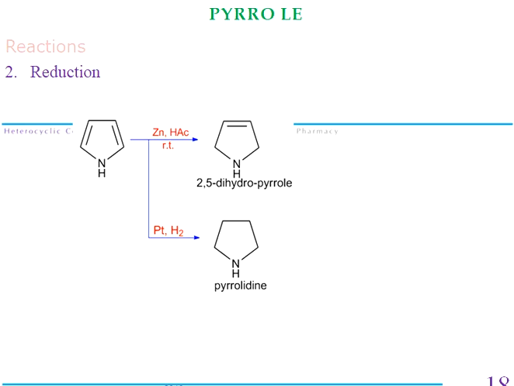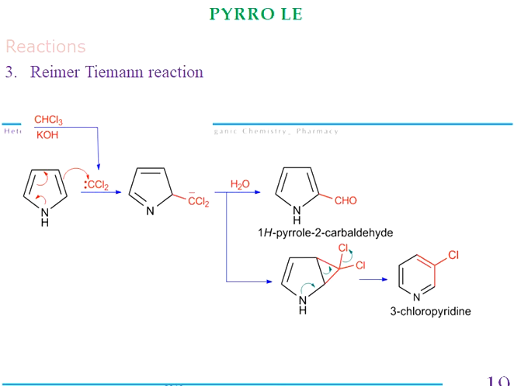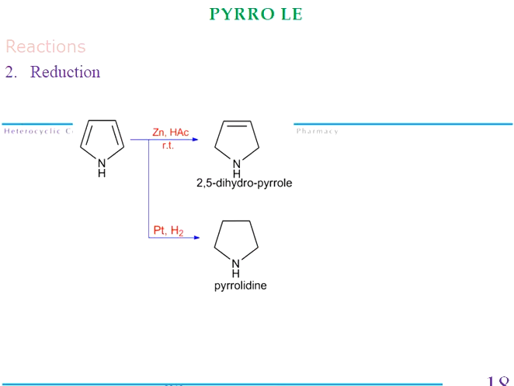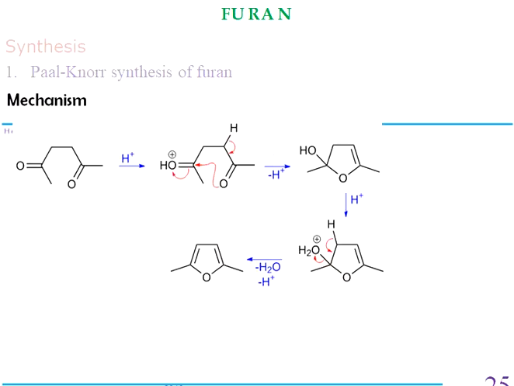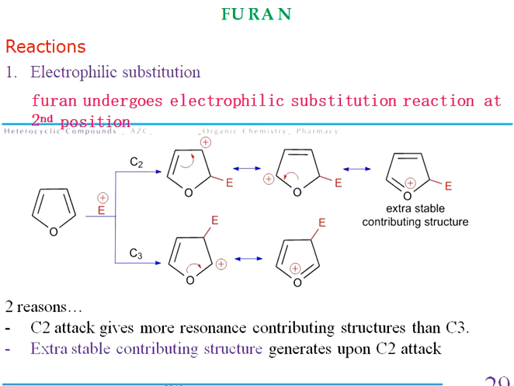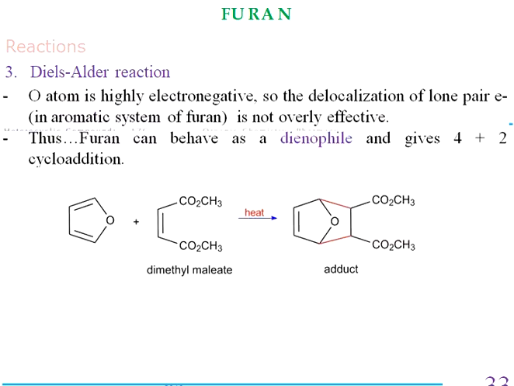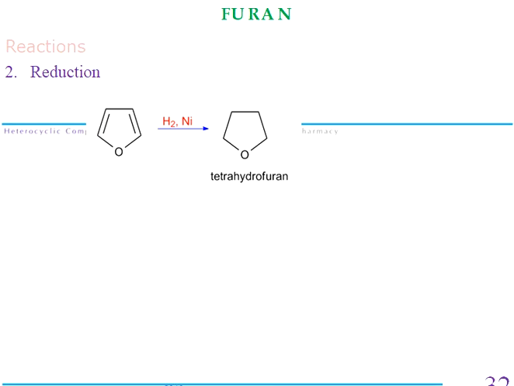One was zinc and acetic acid at room temperature. The other was using hydrogen gas with a platinum catalyst. In the case of platinum catalyst, we were getting complete reduction, while in the case of zinc, the reduction was partial. So in the case of furan, we are using nickel as a catalyst and we are getting tetrahydrofuran as a product. That means a complete reduction.